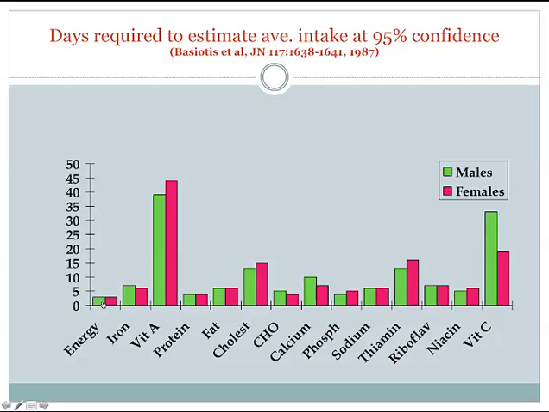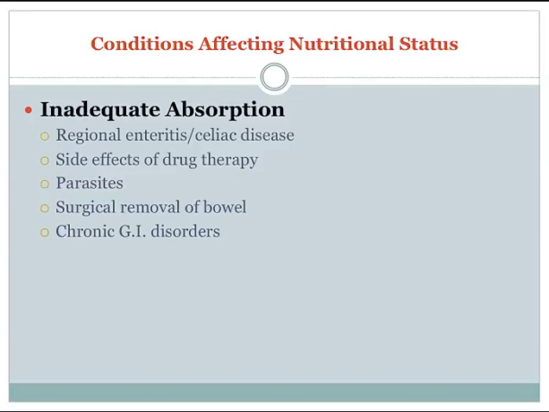On the other hand, if you're looking at energy, you may need only 2 or 3 days to get a realistic idea of what they're actually taking in. So it depends on what it is you're looking at, how many days of intake you'd have to get a rational idea of how an individual might be doing from their dietary intake.